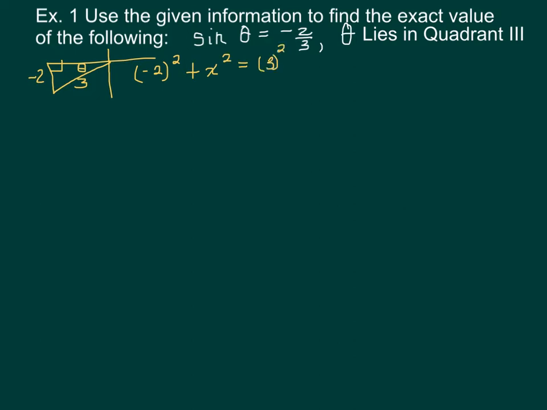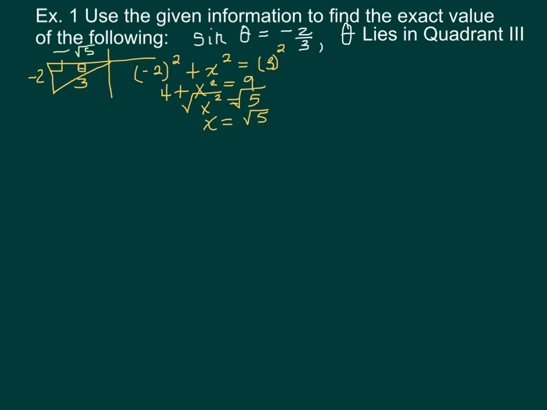And now I'm just going to solve for x. Subtract 4 from both sides. So x equals the square root of 5. Now because we're in quadrant 3, that means that x has to be negative.